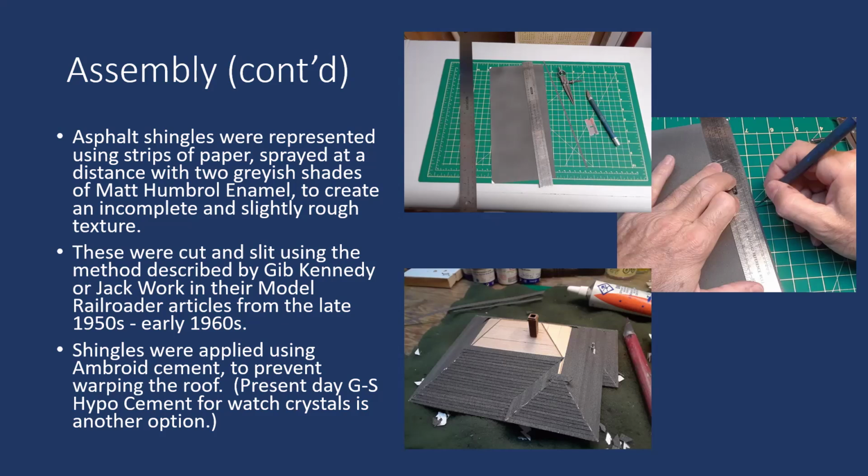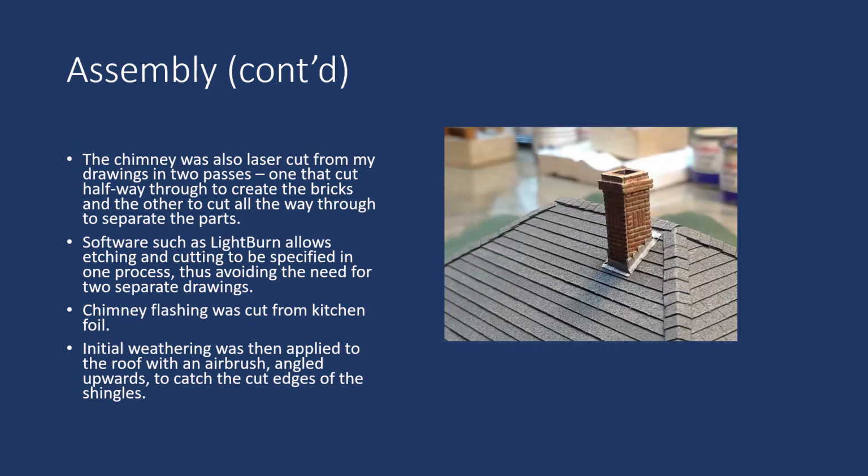The chimney was also laser cut from my drawings in two passes, one that cut halfway through to create the bricks and the other to cut all the way through to separate the parts. Software such as LightBurn allows etching and cutting to be specified in one process, thus avoiding the need for two separate drawings.